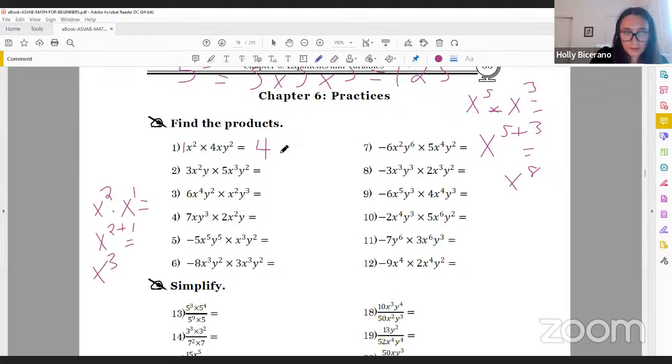So far we have 4 x to the power of 3. And then you see just that y squared there. And there was no y in the first part of the problem. So there's nothing to do with the y squared. It just attaches to the end of the problem. So this is our answer to the first problem.